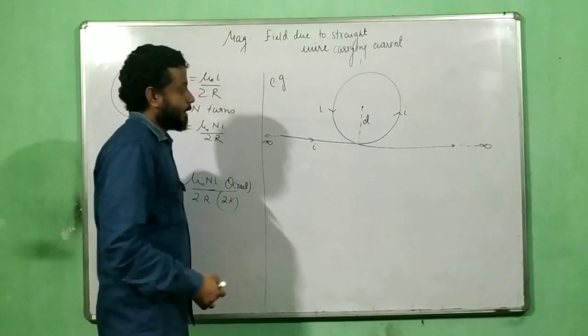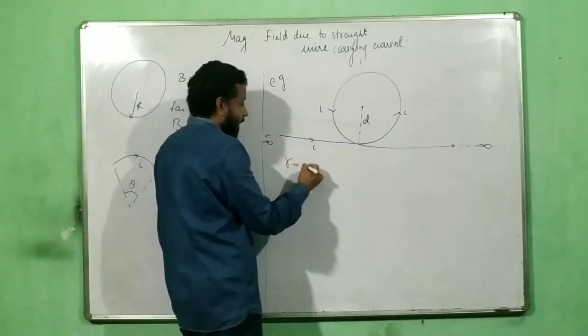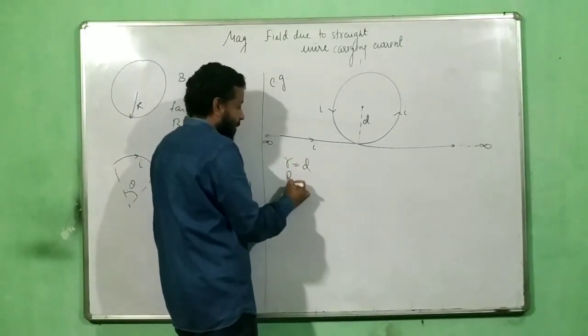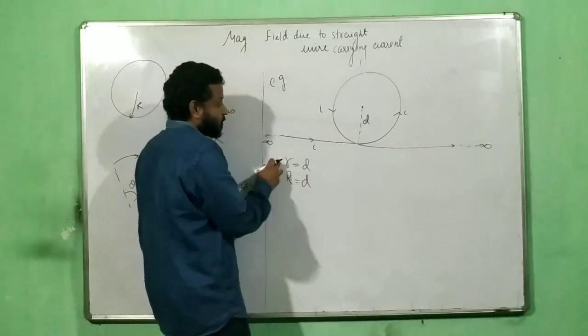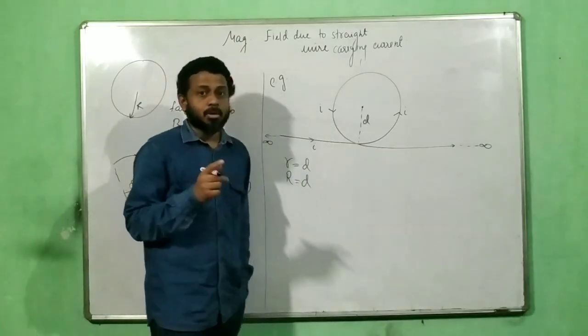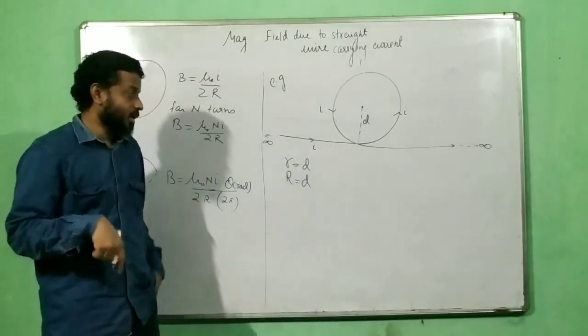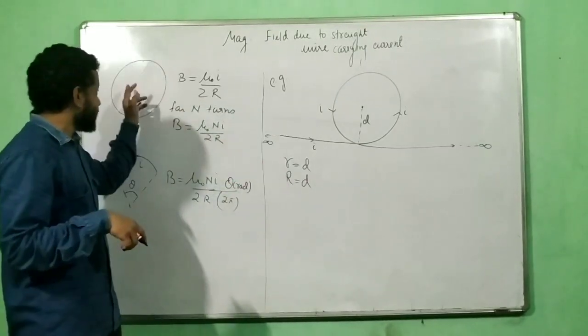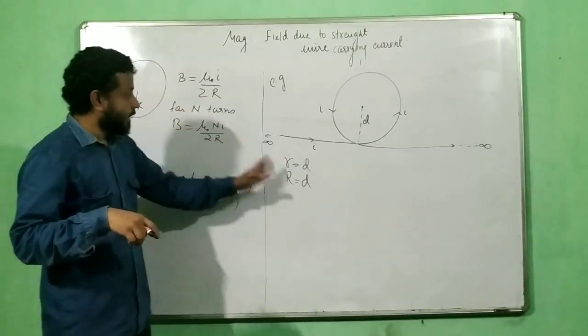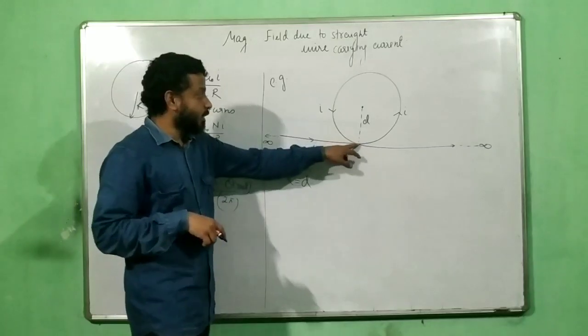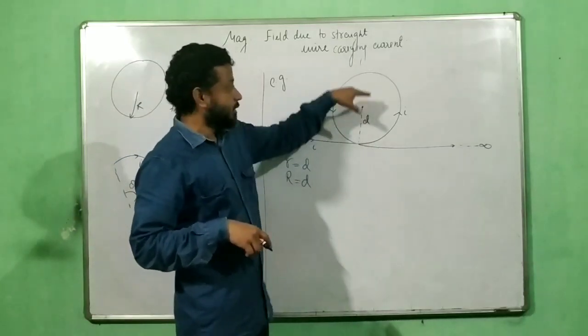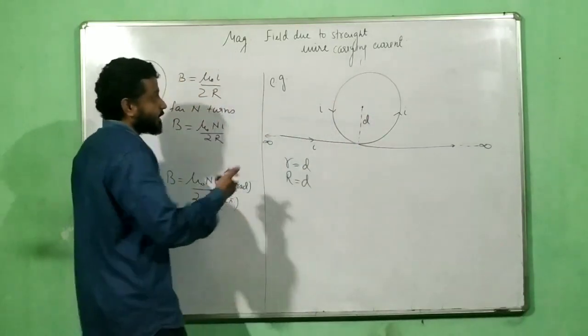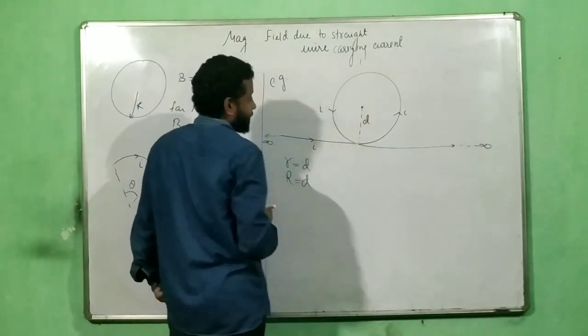Remember, what is our small r? Small r has now become d, and what is our capital R? Capital R has also become d. Small r is the perpendicular distance from the straight wire, and capital R appears in the formula as the radius of the loop. So the radius of the loop is also d, and the perpendicular distance from the straight wire is also d. Now the question is, what is the field at this point?